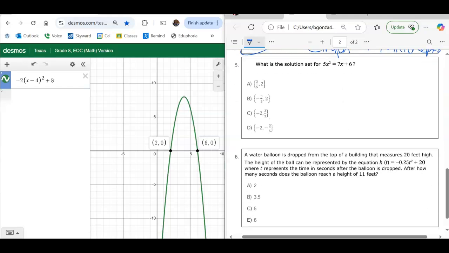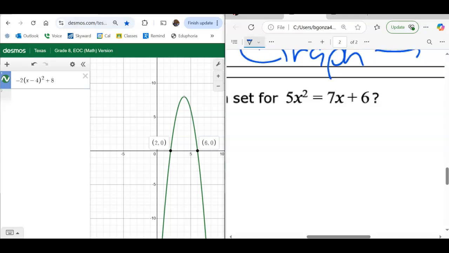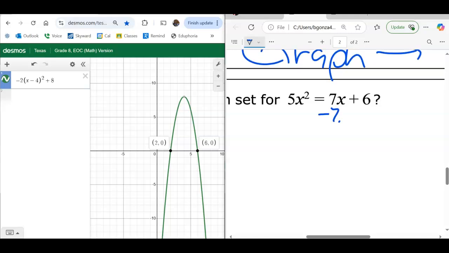Okay, what's the solution? Once again, does it equal 0? So on this, we need to get rid of the right side. My opposite of positive is minus. And you do it on both sides.